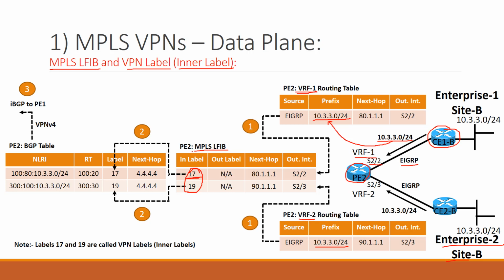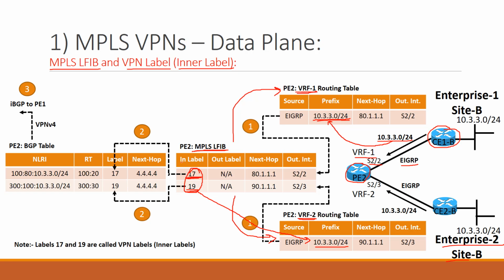There is an MPLS label forwarding information base for each VRF, and you can show the complete MPLS label forwarding information base, and it will show that label 17 is assigned to VRF1 prefix 10.3.3.0 and label 19 is assigned to prefix 10.3.3.0 for VRF2.